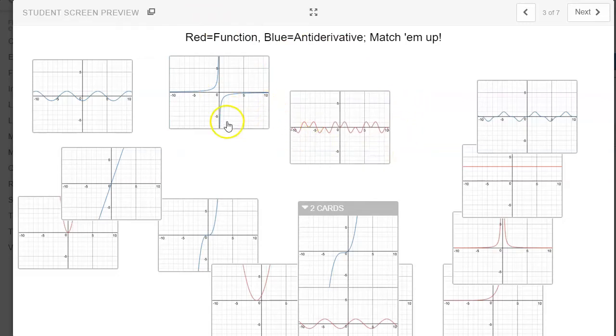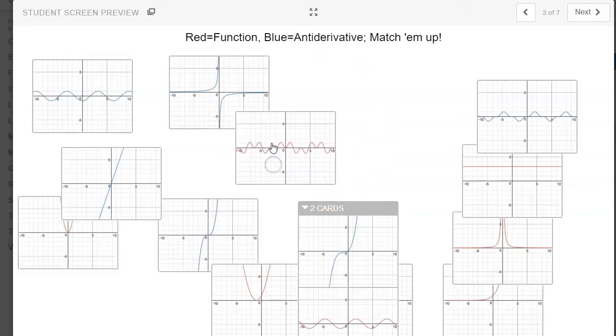And as you're doing that and you're thinking about, okay, antiderivative, it's like the inverse of the differentiation, as you're trying to pair them up, what I'd like you to do is think about the mental process that you have to go through whilst you're doing that. And I don't want to say too much more about it at this point.